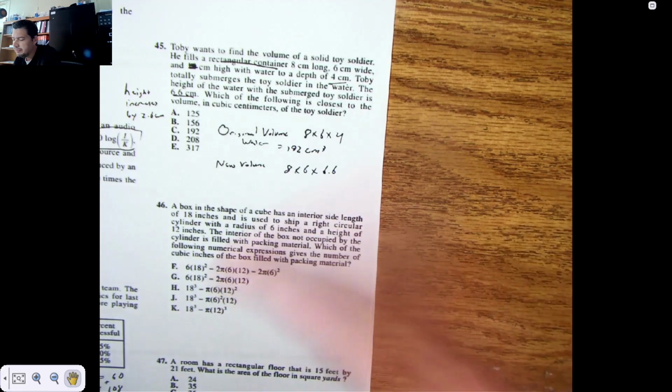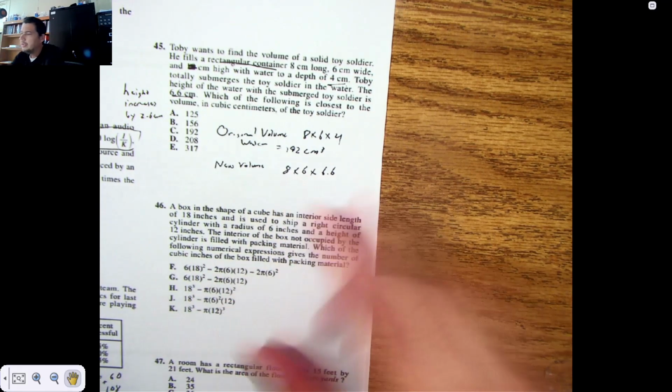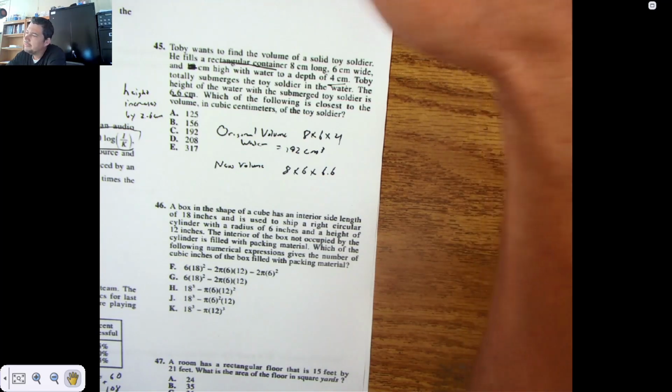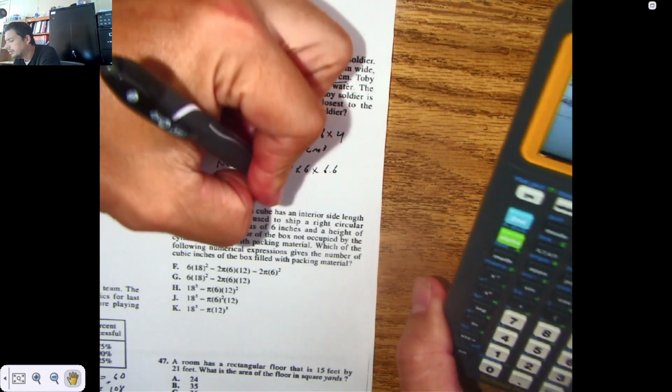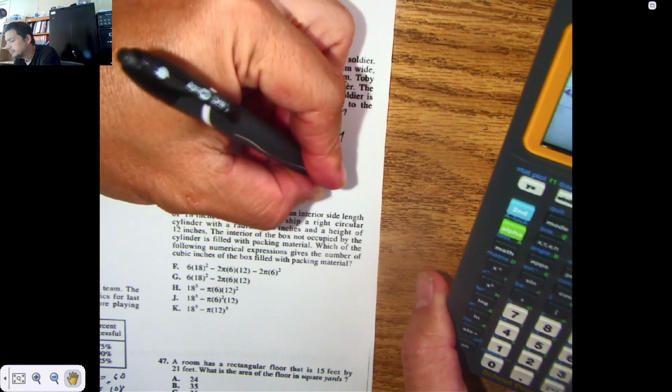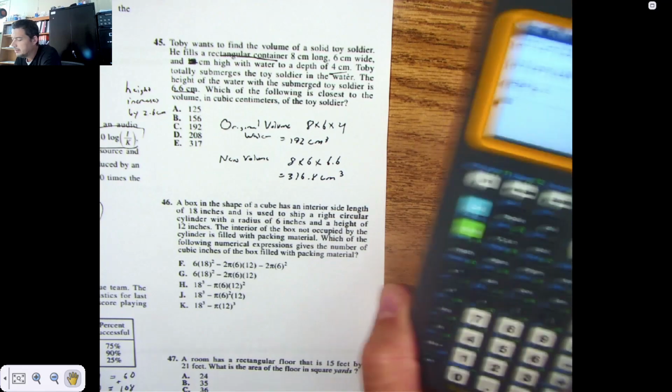And I could have actually saved myself some work here, because I'm doing this where I'm going to have to do subtraction. And I'm too tired to be working with decimals this morning. So my little TI-84 here says 316.8 cubic centimeters. That's what it says.